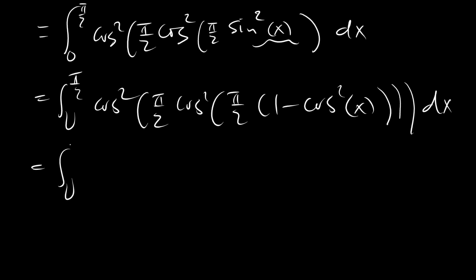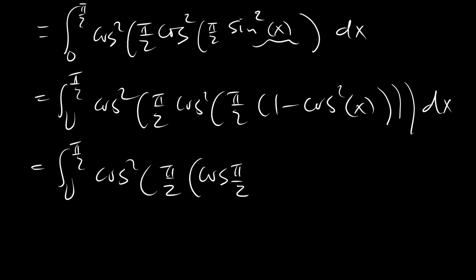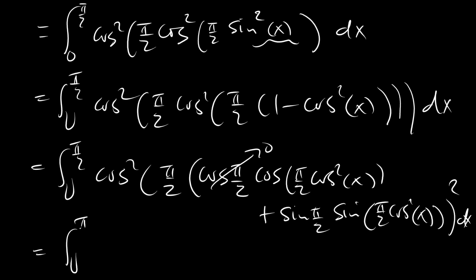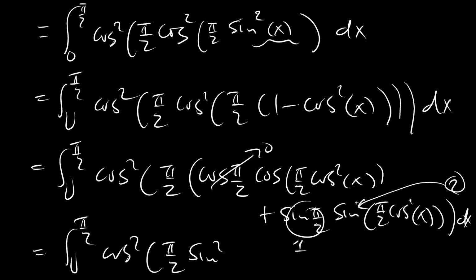And using the identity that we introduced, we have cosine of pi over 2 cosine of pi over 2 cosine squared of x plus sine of pi over 2 sine of pi over 2 cosine squared x, and this goes to 0, this is 1, so we have rather cosine of pi over 2 cosine x.